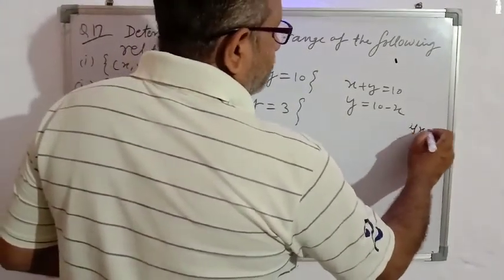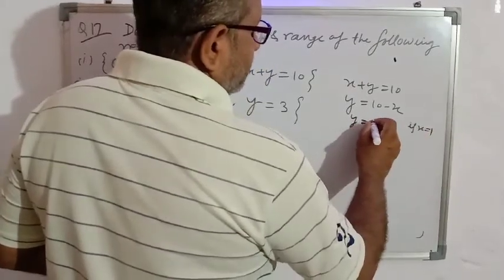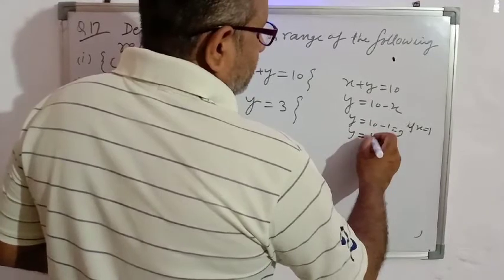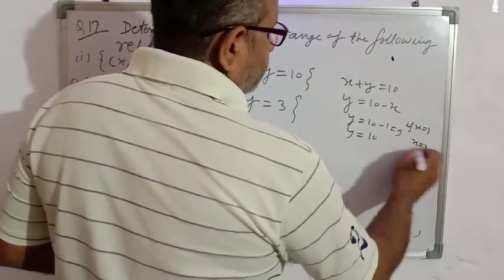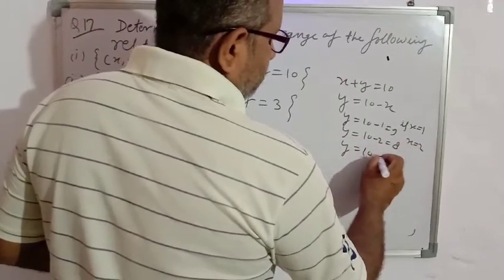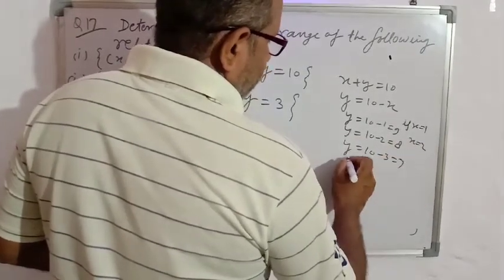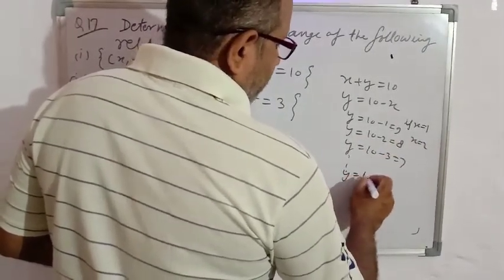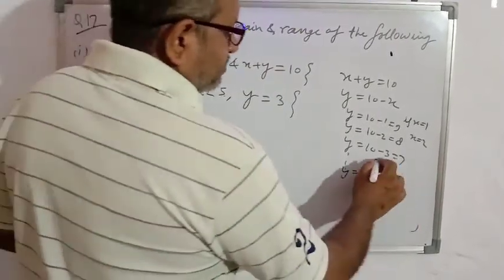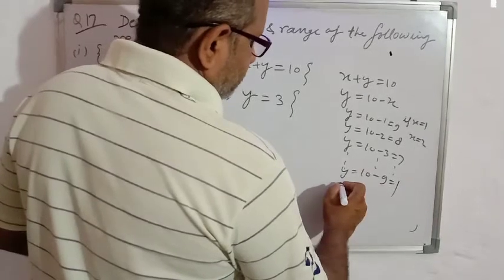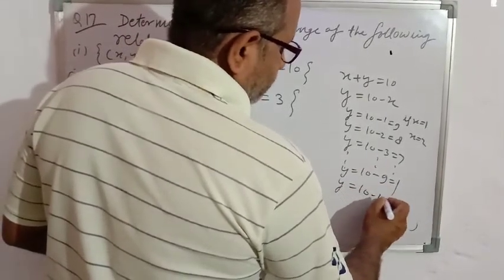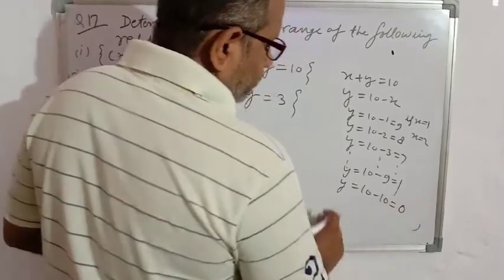If x is equal to 1, y is 10 minus 1, that is 9. If x is 2, 10 minus 2 is 8. X is 3 gives 7. Similarly, x is equal to 9 gives y is 1. And if we put x is equal to 10, we get y is 0.